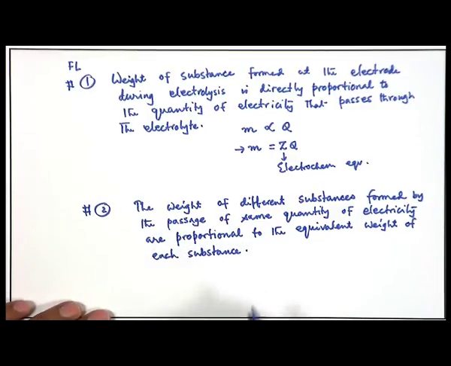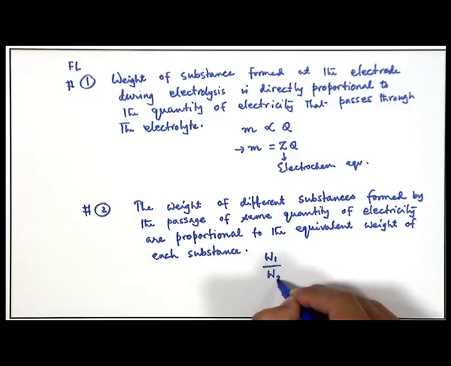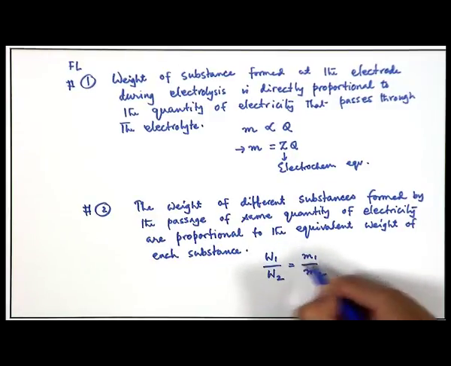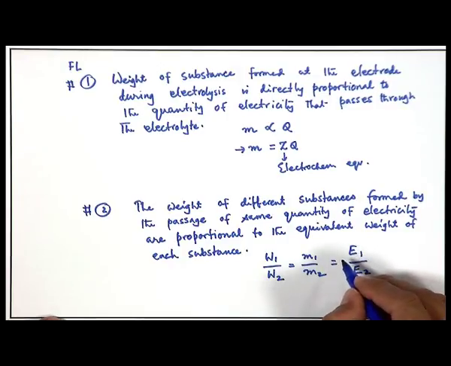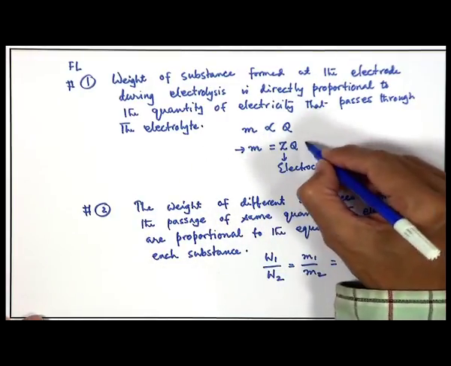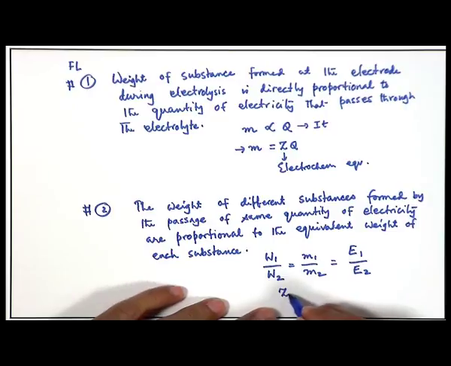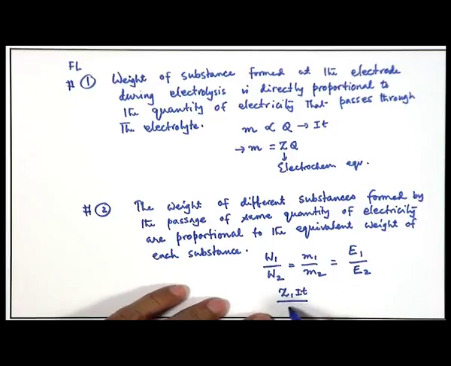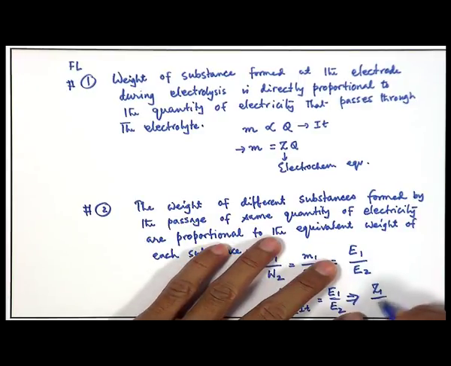That means W1 by W2, M1 by M2, mass whatever, is equal to E1 by E2, or, since Q is equal to IT, you can write Z1 I T divided by Z2 I T is equal to E1 by E2, or Z1 by Z2 is equal to E1 by E2.